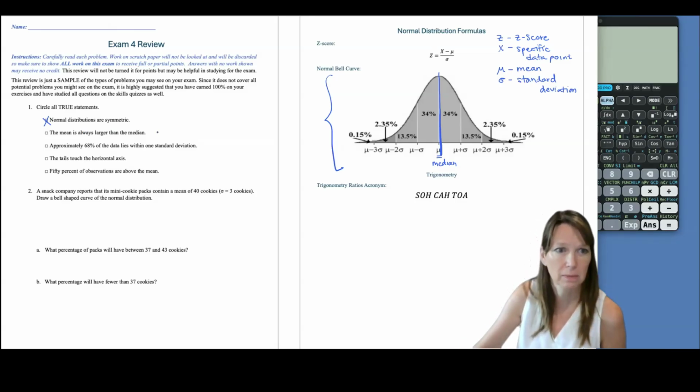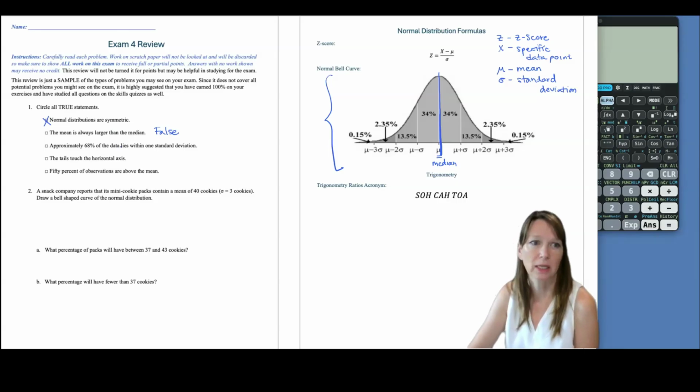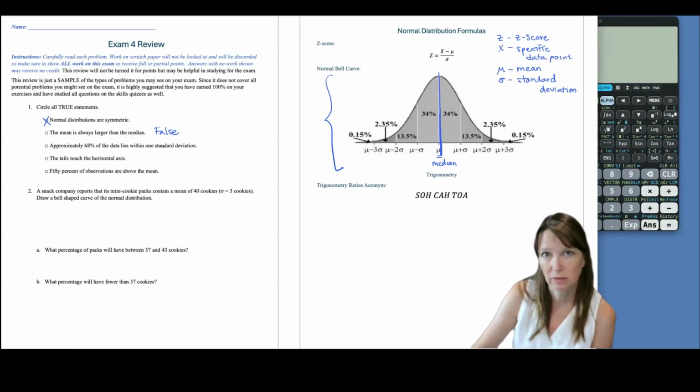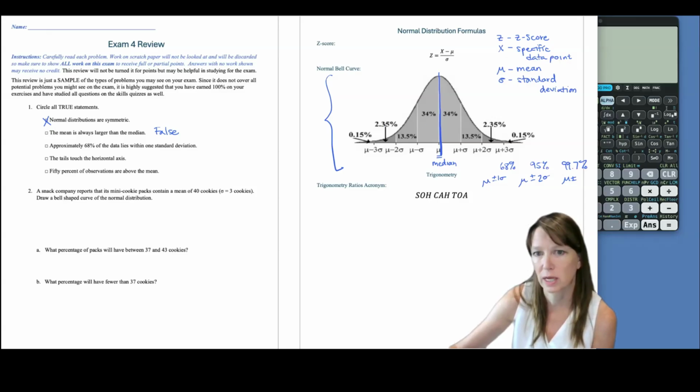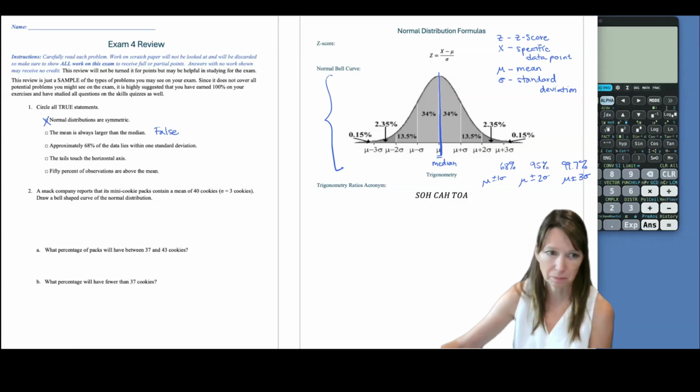That is false. Approximately 68% of the data lies within one standard deviation. So if you learned the empirical rule, you know that 68% falls between plus or minus one standard deviation, 95% falls within two standard deviations from the mean, and then 99.7% falls within three standard deviations, which I've got broken down into each section in the picture that you're going to be given.